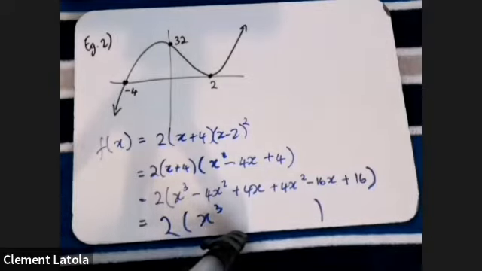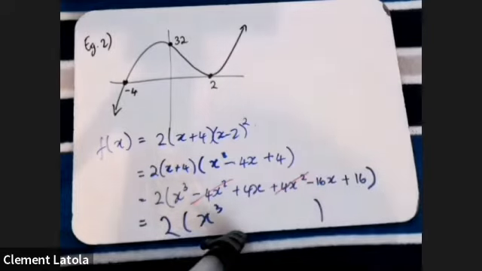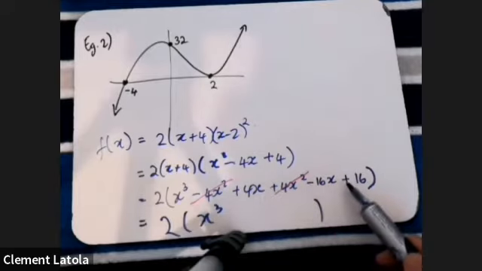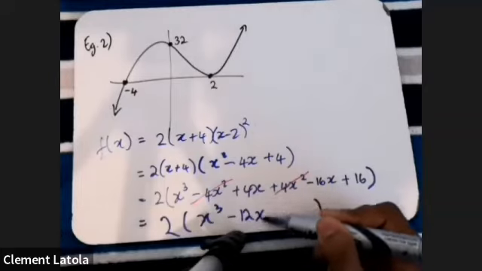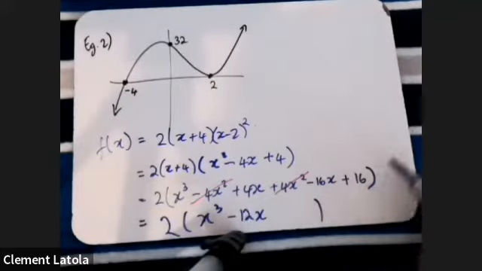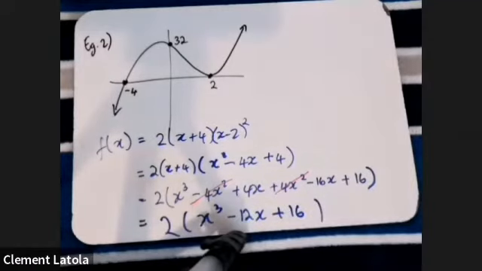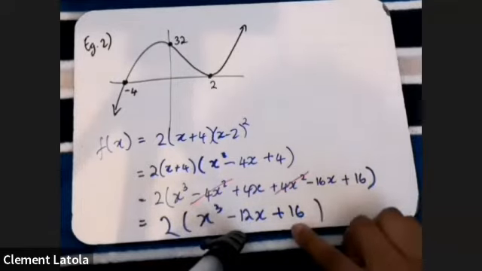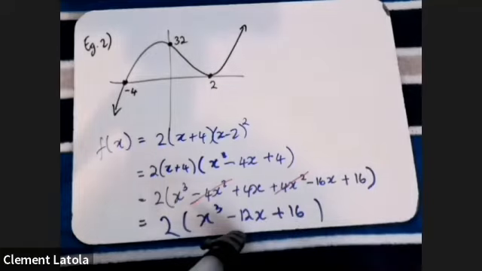These two things cancel each other out. We then have positive 4x minus 16x. That gives me minus 12x. And then the last one doesn't have any friends, so he just goes all on his own. The 16 is the y-intercept. Actually, not yet. We first have to multiply everything by 2, and then that will be the y-intercept.